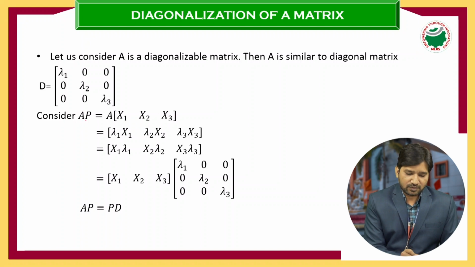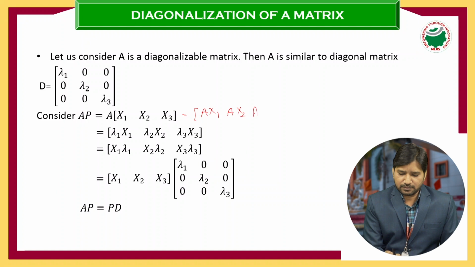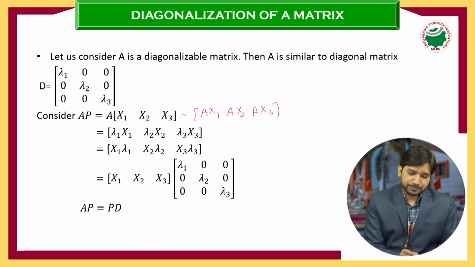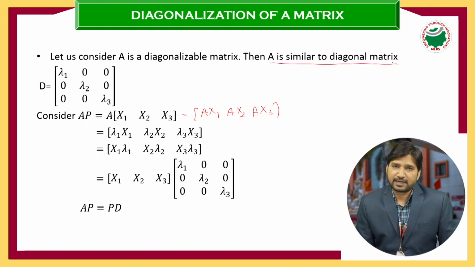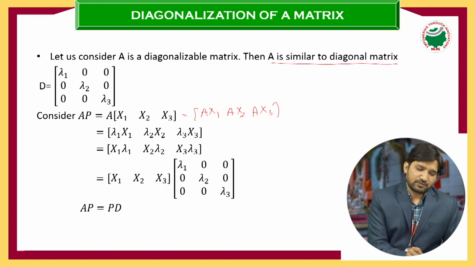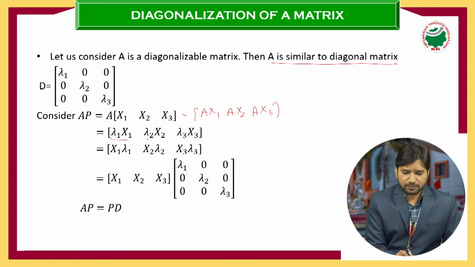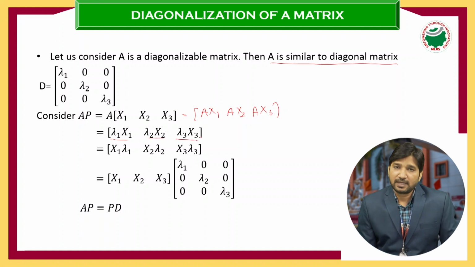So we can write AP equal to A X1, A X2, A X3. Now, since A is similar to the diagonal matrix D of lambda 1, lambda 2, lambda 3, we can write this as lambda 1 X1, lambda 2 X2, lambda 3 X3.